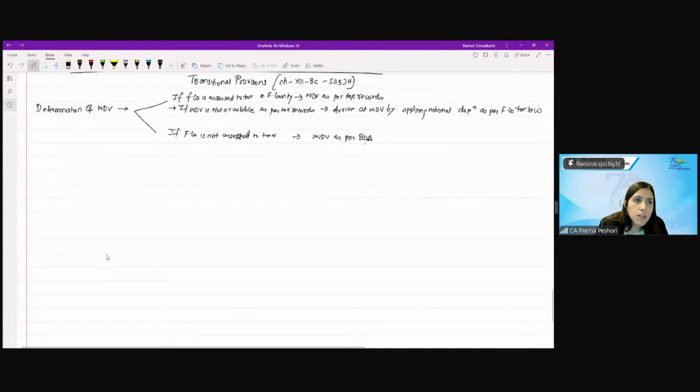Then next one was the maintenance of the balance sheet and your P&L. So what did we discuss about this? The period of the books of accounts, the period of the balance sheet and P&L, what you will take if the foreign country's financial year is not 31st March.